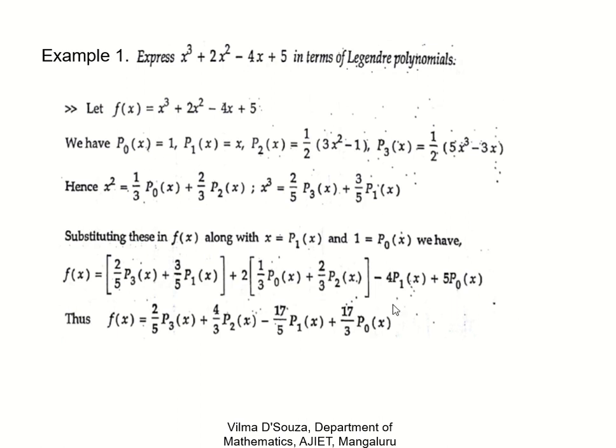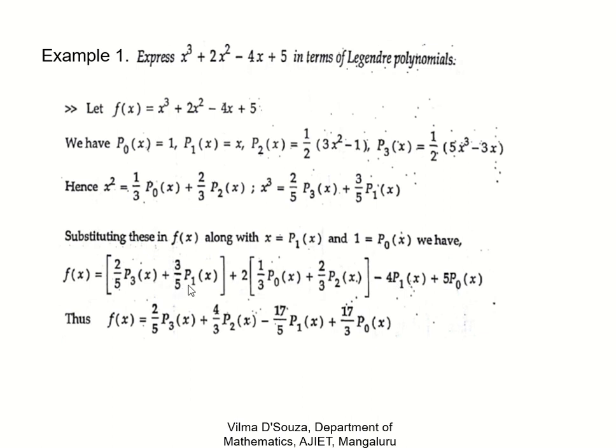Now combine all the terms containing P3, P2, P1 separately. So f of x is equal to, you have only one term containing P3 of x, that is 2 by 5 P3 of x. Then write down the terms containing P2 of x. You have only one here. So outside you have 2, so 4 by 3 P2 of x. Then the coefficient of P1, 3 by 5 minus 4.